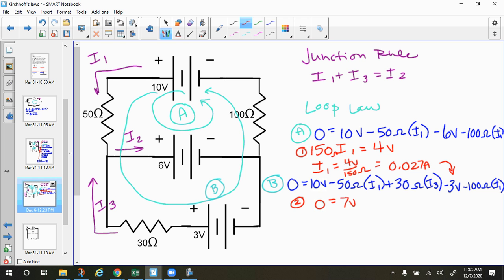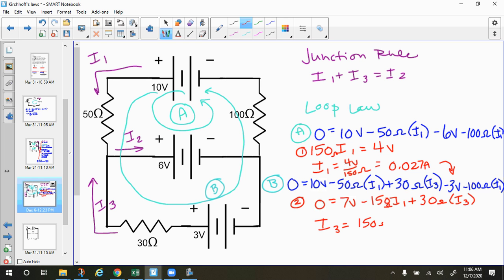And then I'm going to subtract the 150 I1, so I'm combining the negative 50 and the negative 100. And then I'm going to add 30 times I3. Being a little sloppy with my units here, sorry. Then I'm going to isolate I3 before I plug things in, just to make it a little easier.